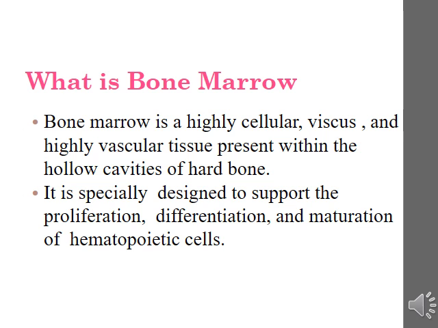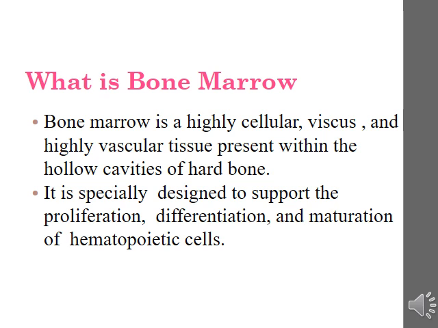So if we define it, bone marrow is a highly cellular, viscous, and highly vascular tissue present within the hollow cavity of the hard bone, and is specially designed to support the proliferation, differentiation, and maturation of hemopoietic cells. From this definition you can easily understand that this place is highly cellular.